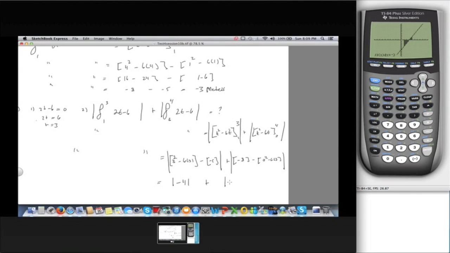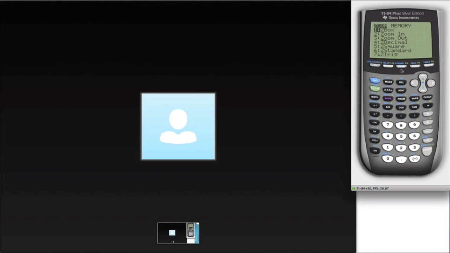Absolute value of -4. And this is equal to 8. So let's check. Second calc, lower limit 1, upper limit 3, we should get -4. Yep. And then second calc, lower limit 3, upper limit 4.